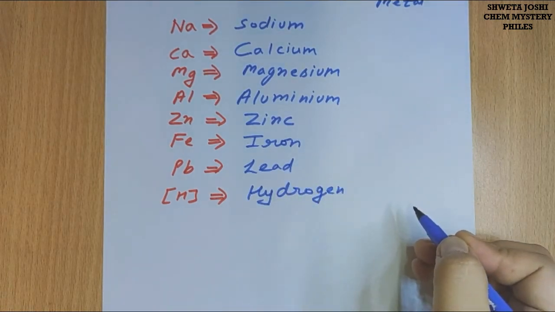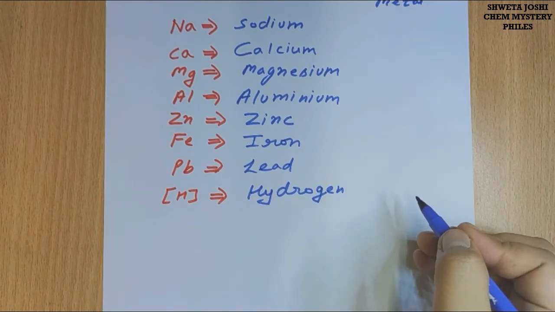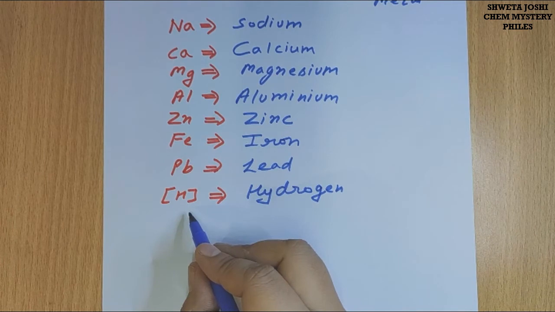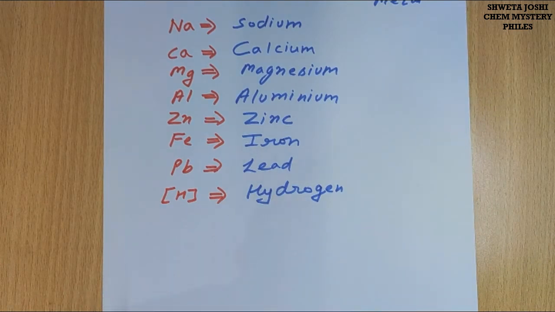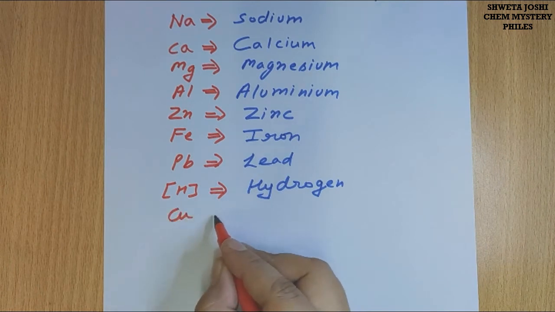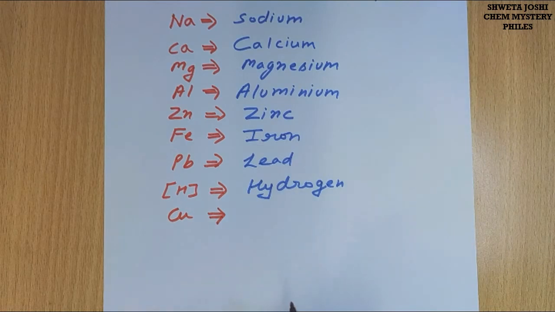For molecular hydrogen, the molecular formula is H2, and H is for nascent hydrogen atom. H is symbol for hydrogen. After hydrogen, there is copper, symbol is Cu.